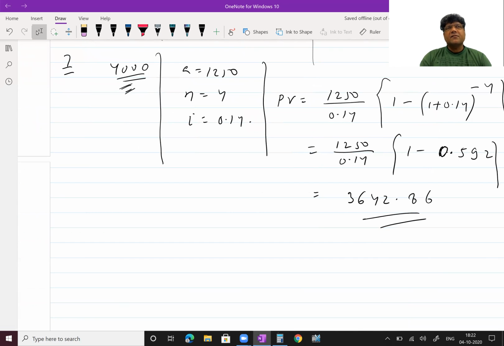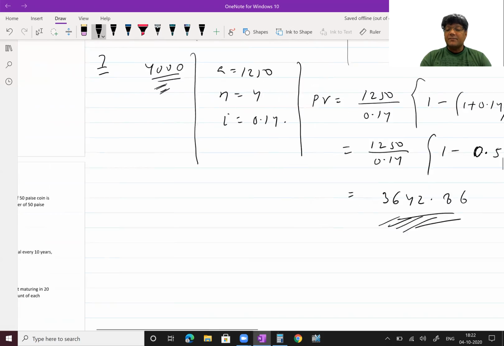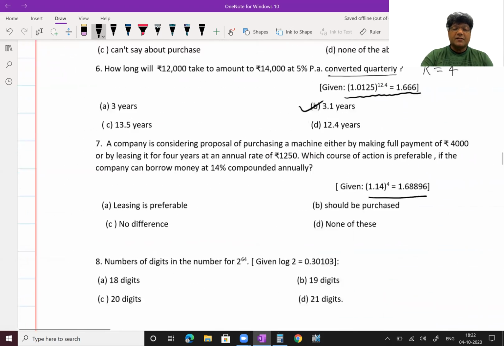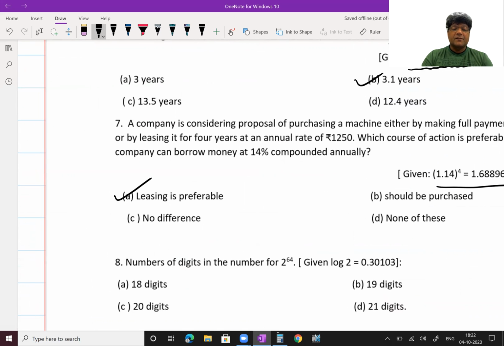In which case is our outflow lesser? 3642.86 is lesser. So which is the better action, purchasing or leasing? Obviously leasing is the better action because our outflow will be lesser. So here leasing is preferable to purchasing. Our answer: leasing is preferable.